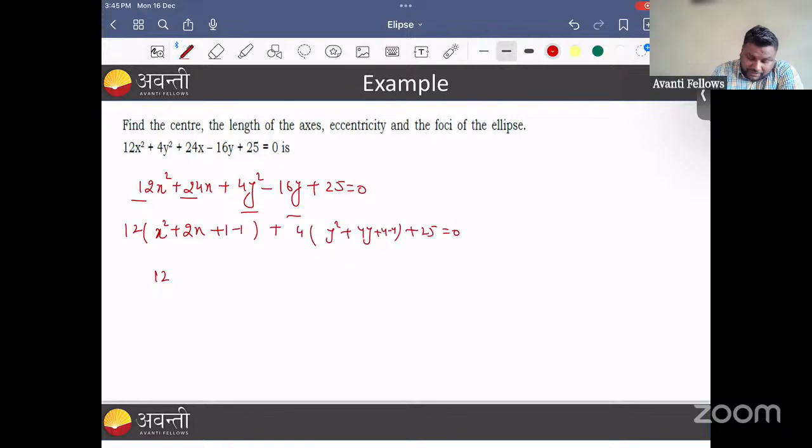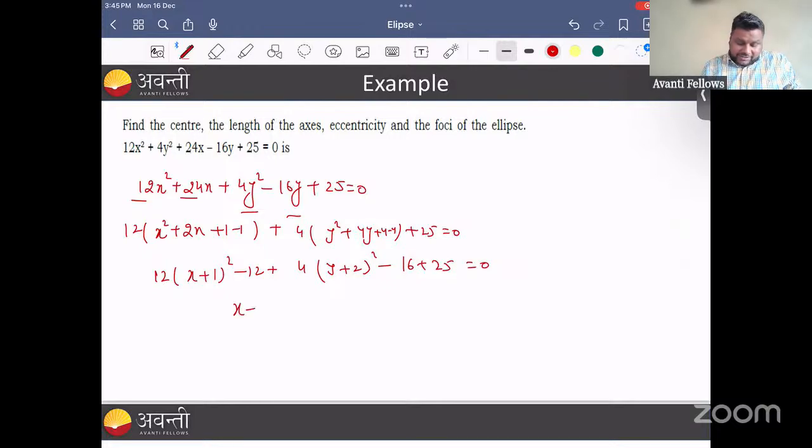So it is 12 times x plus 1 whole square minus 12, 4 times y plus 2 whole square minus 4, 4 the 16, plus 25 equals 0. So it will become 12 times x plus 1 whole square, 4 times y plus 2 whole square equals 16 and 25, 41.